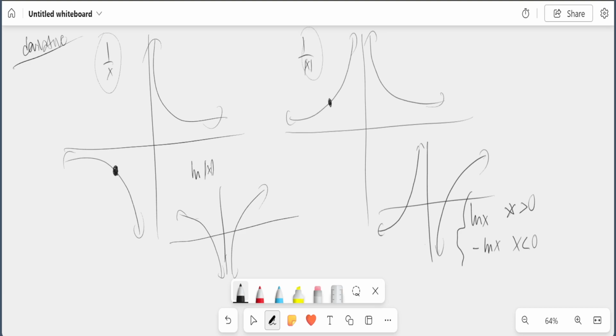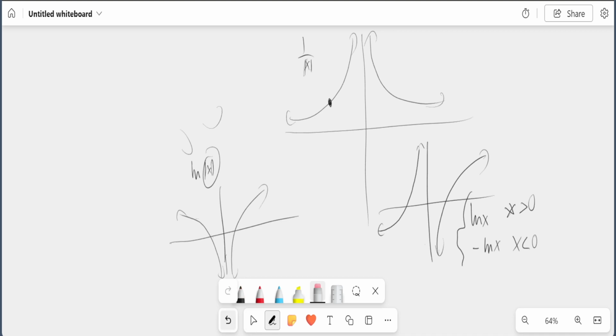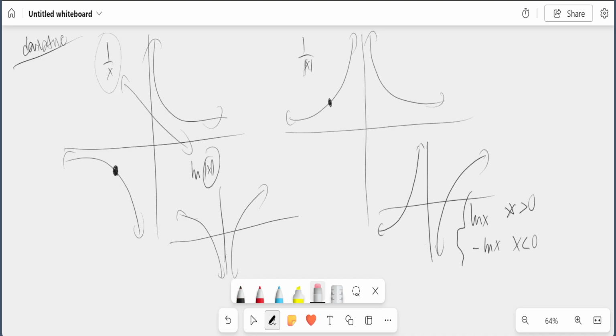So if you're taking the integral of something with an absolute value, a lot of the time you can't express it as a single function. Think about the absolute value of x. You'd have to do a piecewise function. So the reason we have absolute values here is just for domain matching. The domain of the original function has to match the domain of the derivative.